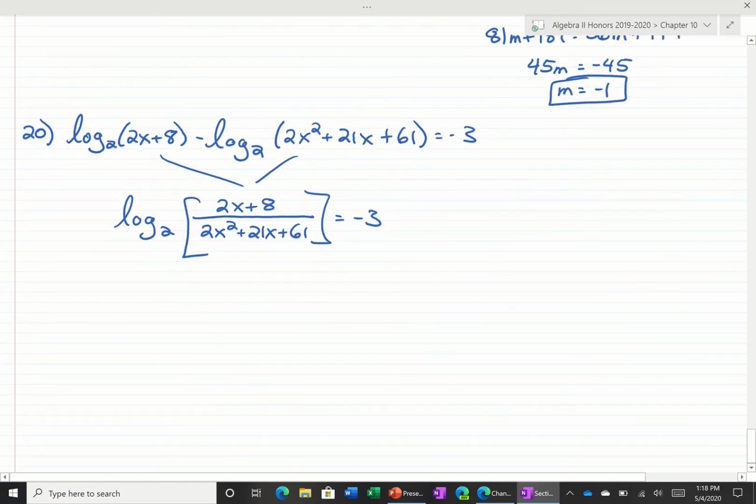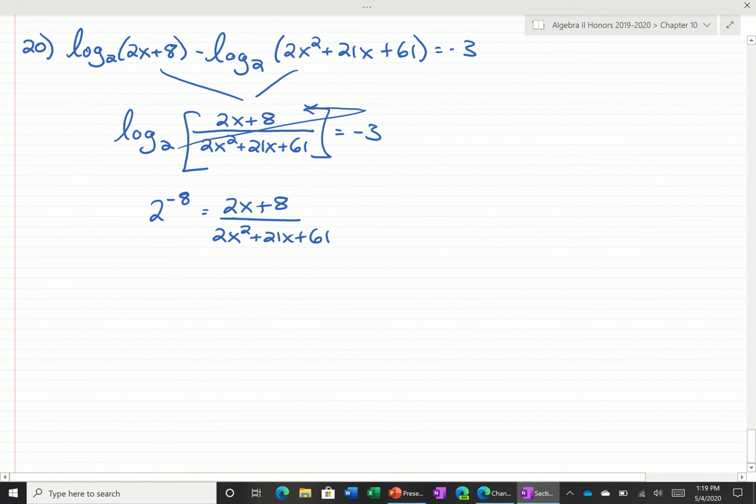And then from here, I'm going to use the translation property. 2 to the −3rd is equal to (2x + 8)/(2x² + 21x + 61). 2 to the −8th is 1 over 2 to the 8th, and 2 to the 8th is 256.